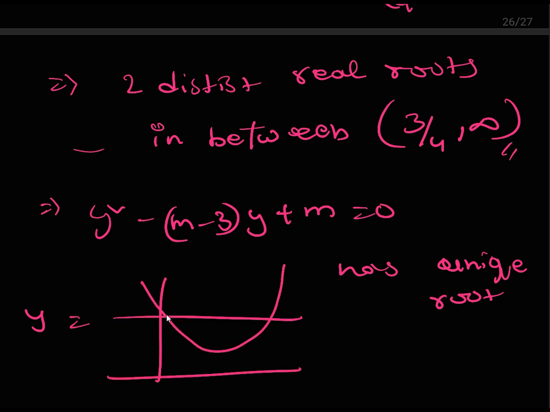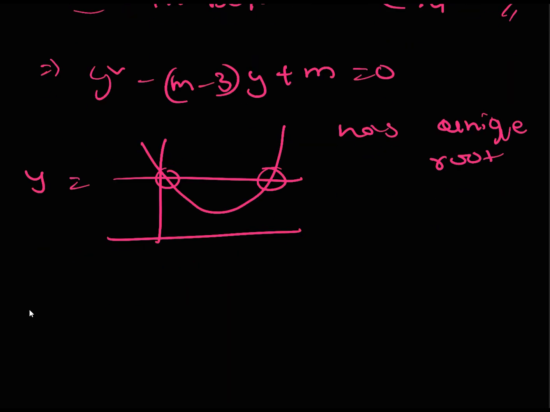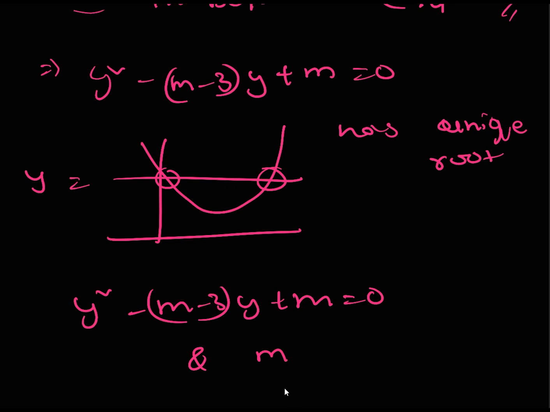For any value of y, there are two values of x which satisfy it. So we need a unique value of y which satisfies the equation y square minus (m minus 3) into y plus m equals to 0, and the value of the unique root should be greater than 3 by 4.